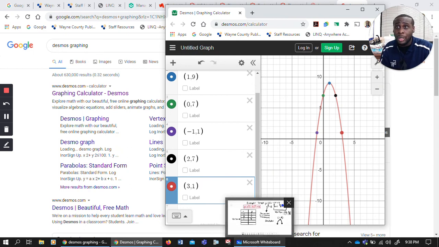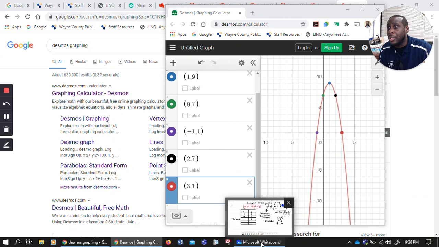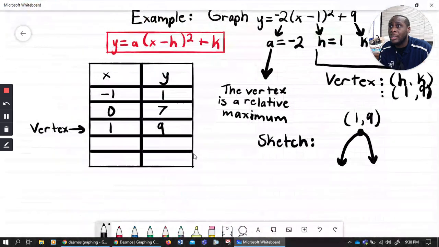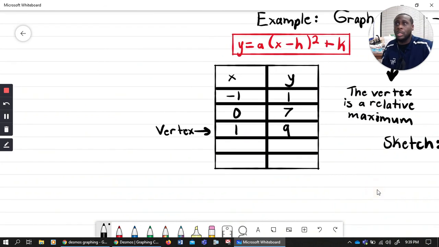You've got to show your work to get all of the points for this assignment. So that was 3, 1, and 2, 7.